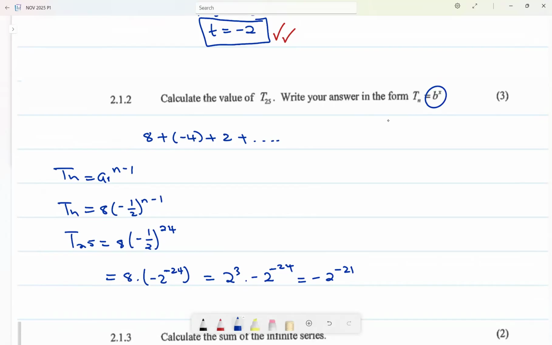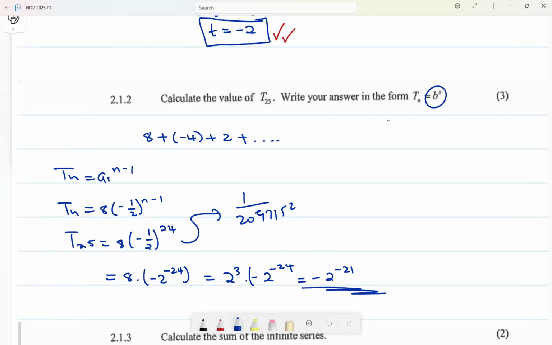Am I correct? Let's confirm if my answer is correct. I'm going to substitute 8 times -half to the power of 24. It gives me 1 divided by 2097152. Let's confirm if this is the same now. But I doubt it's going to be the same, because this negative here I just can't put outside like that.